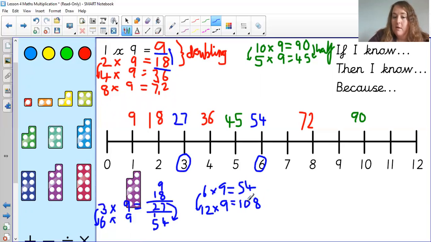So I've got my answer of 108, and I can pop this over at the side on 108. And remember, just on these ones, what I have used, if I know, then I know, it was my doubling skill. Always worth writing down which ones are which, because then you remember and you know which facts you've used.